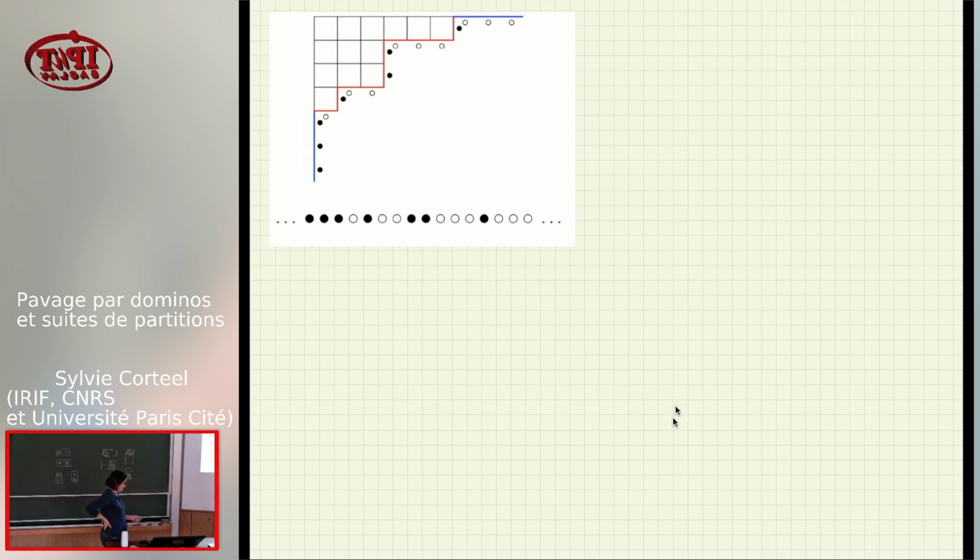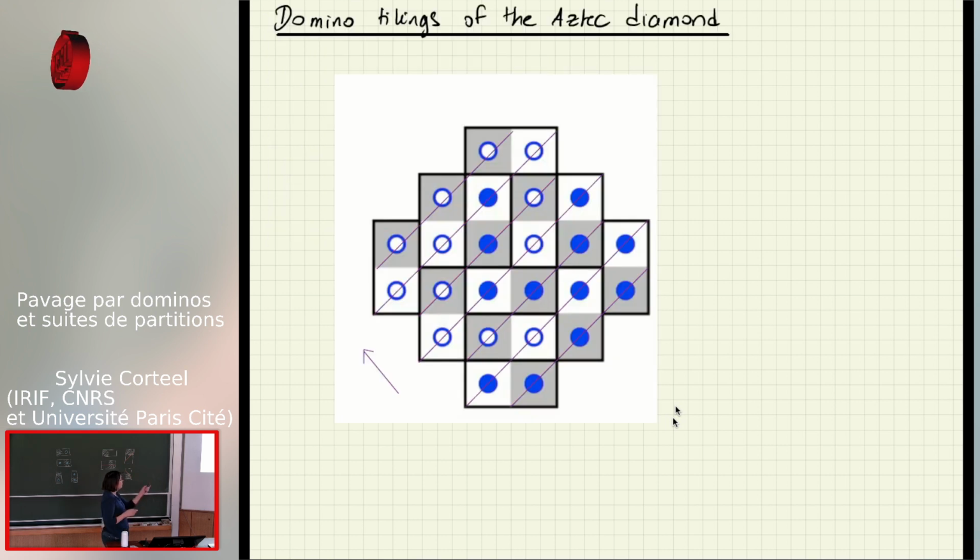Okay. And so, a priori, what's the link between that and these domino tilings? Because now each of my diagonals is finite. But the way to make it an infinite word is I can put an infinite number of blacks on this diagonal to the left and an infinite number of whites to the right, and then I make it a word as a partition.